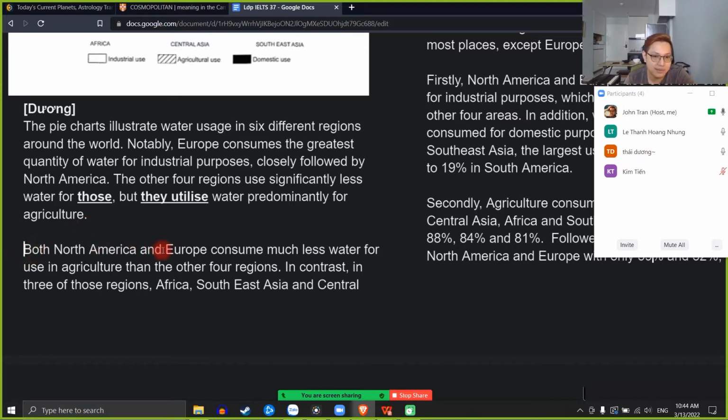Both North America and Europe. There's less water for use in agriculture in 3 of those regions. I don't think you have to repeat the word region here.